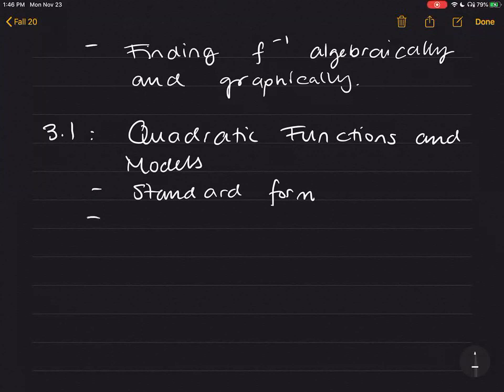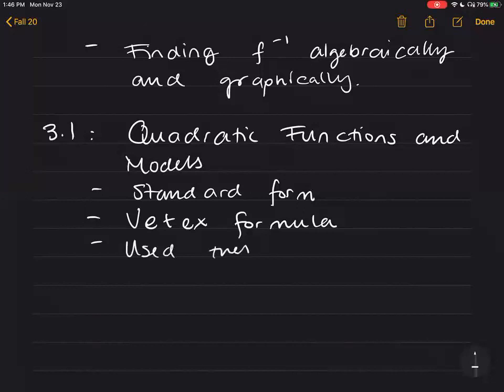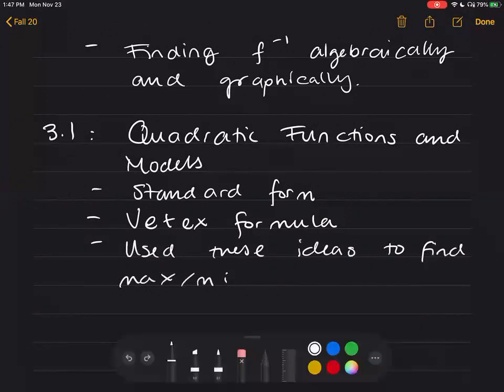The other thing we also talked about was the vertex formula, and we used these ideas to find maxes and mins on parabolas.